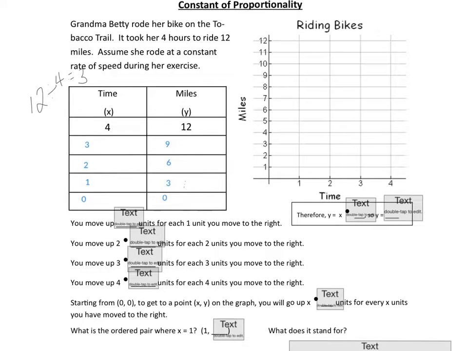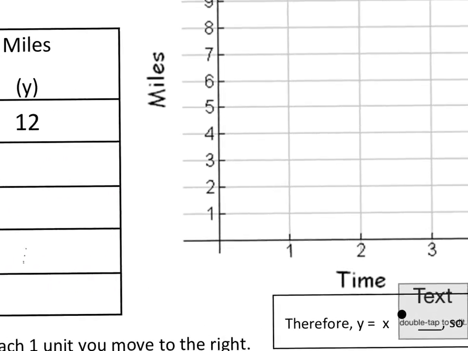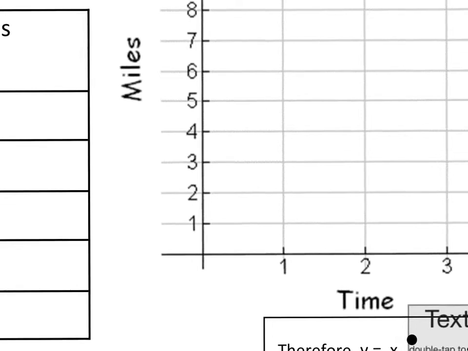So what we're going to do is use our table to determine where to put the dots on the graph. Remembering that if this is going to be a constant rate of proportionality, it should be a proportional relationship, we should have something that looks like a straight line and it should go through the origin, meaning 0, 0. So in order for me to graph it, we're going to have to zoom in to make it look the way it should.